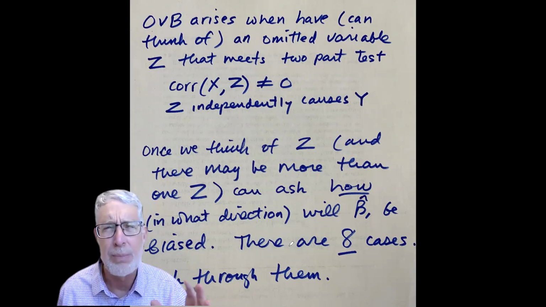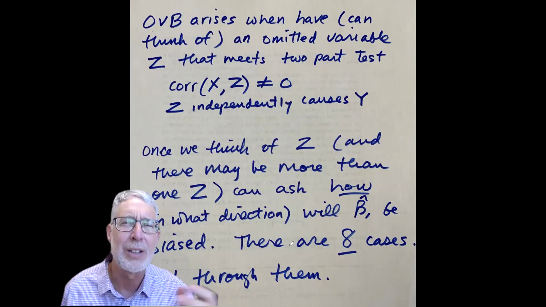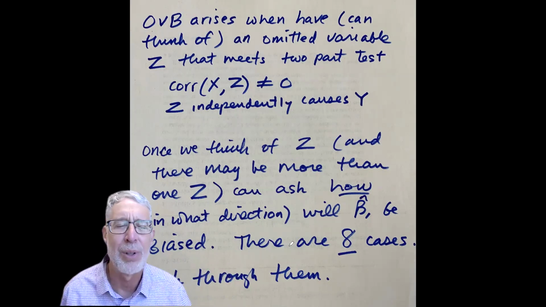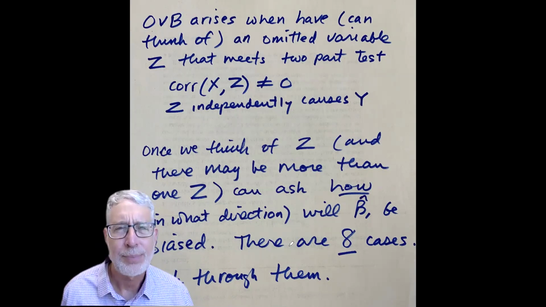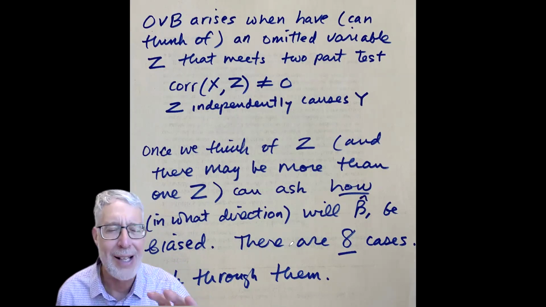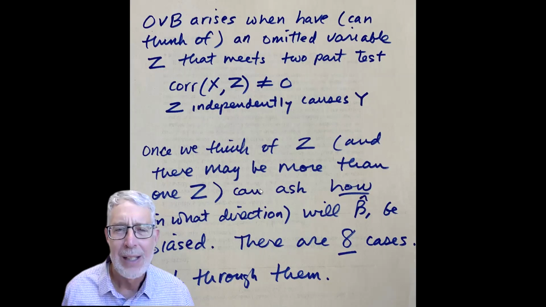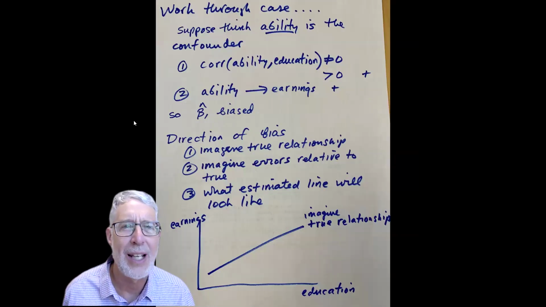So is -8 bigger than -4? Well, it's bigger in absolute value, but it's smaller on the number line, right? -8 is a smaller number than -4. So it'll be very confusing when we talk about things like that. So we always want to be really careful with our wording, and the chapter guides you through exactly how to word this. Let's continue on and work through one particular case here.